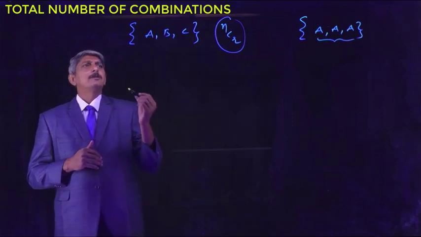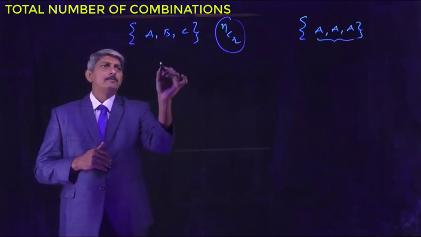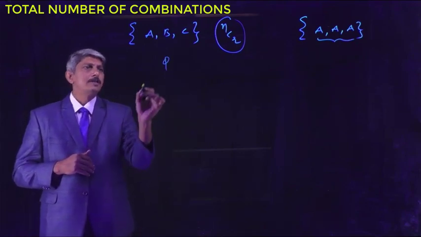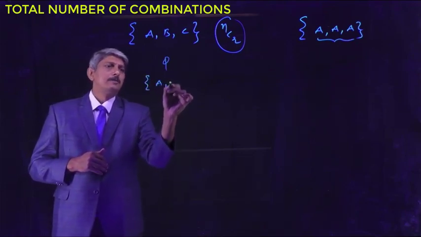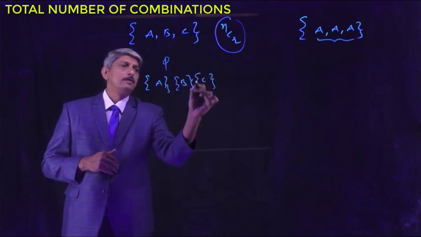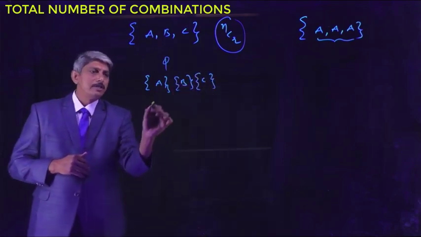So here, the empty set, then 1 element subsets. How many 1 element subsets? There are 3. How many 2 element subsets?